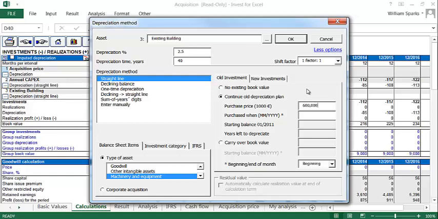We put a purchase price of 600,000 and purchased in 04/2008. Okay, so now you see that there's still a book value of 558,750, and there's still 37 years left to depreciate.